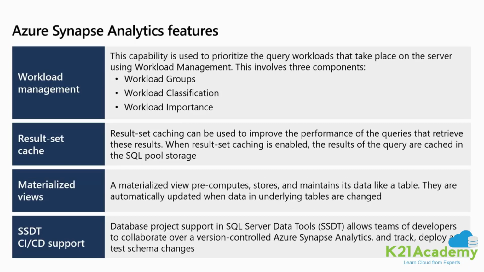Azure Synapse Analytics has a couple of additional features as well. One of the features is called workload management. This capability is used to prioritize the query workload that takes place on the server. There are three components of workload management. First is workload groups. You can create groups, and resources can be allocated to those groups.